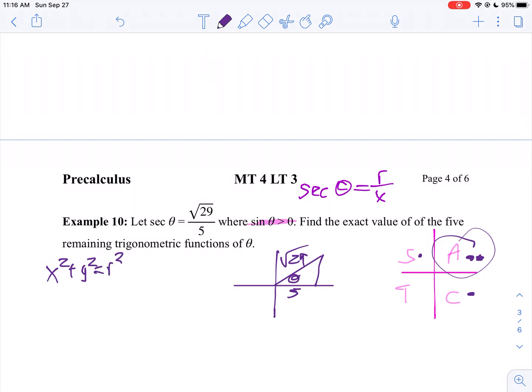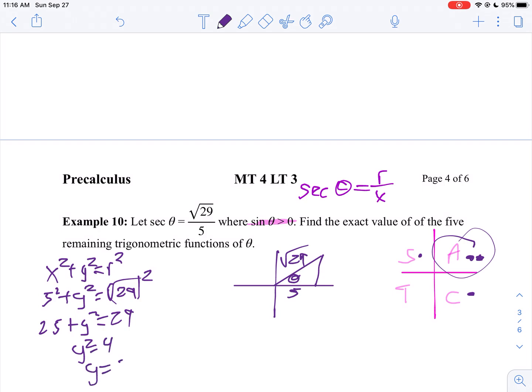So 5 squared plus y squared equals the square root of 29 squared. Or 25 plus y squared equals 29. Y squared equals 4. So y is 2.